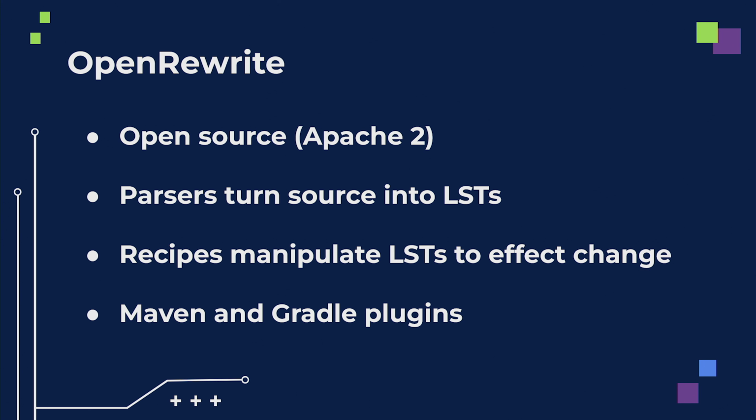And there are also the recipes, which manipulate those LSTs to refactor them, to fix a code smell, to update a dependency, to migrate you from Spring Boot 1 to 2 to 3, whatever you might need. And then at the end, that LST is printed back out to source code. And you can run this with Maven and Gradle plugins, as well as some other tools that we'll talk about.